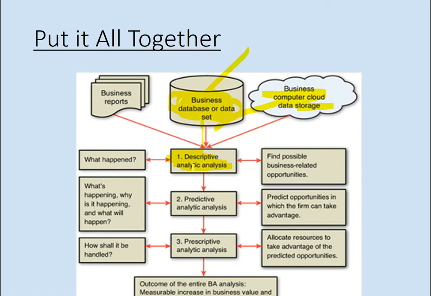Like, if I give you retail data, you have no idea what kind of customer data there is, or what kind of data I have on products, season, things like that. So that's what you start with. The results go into predictive analytics: what's happening, why is it happening, and what will happen in the future. Those results are then used for prescriptive analytics. Based on our prediction, what should we do? How do we allocate the resources of our company to take advantage of the predictive opportunities coming from here?